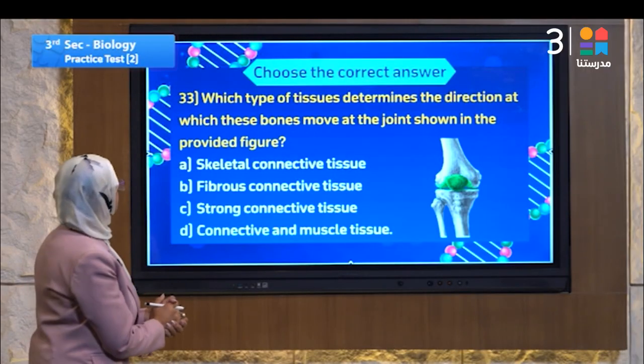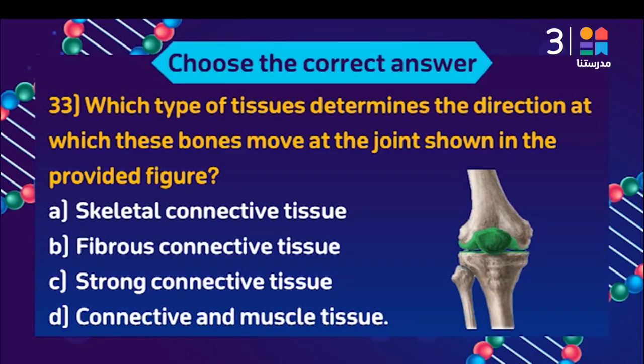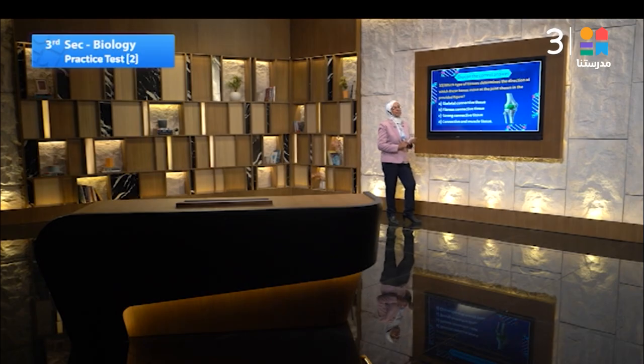Which type of tissue determines the direction of movement of these bones at the joint shown in the provided figure? Here we speak about the direction of the bone movement.